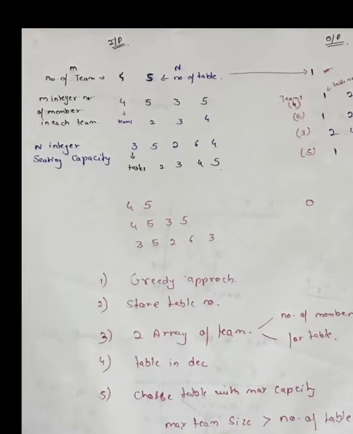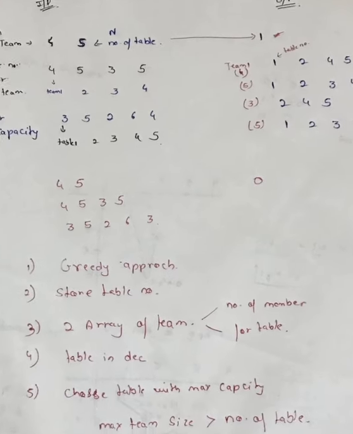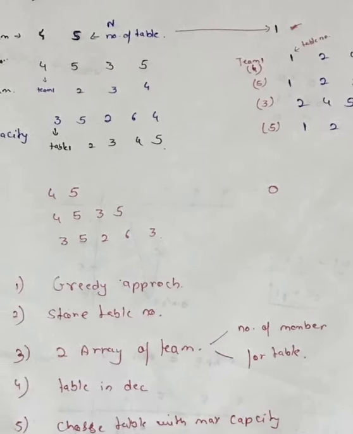So how are you going to solve this, or write a program for this? You are going to solve this problem with the help of a greedy approach. First, you need a structure or a class for a table to store the table number. That means you need to find the valid table solution in which you store the table number.